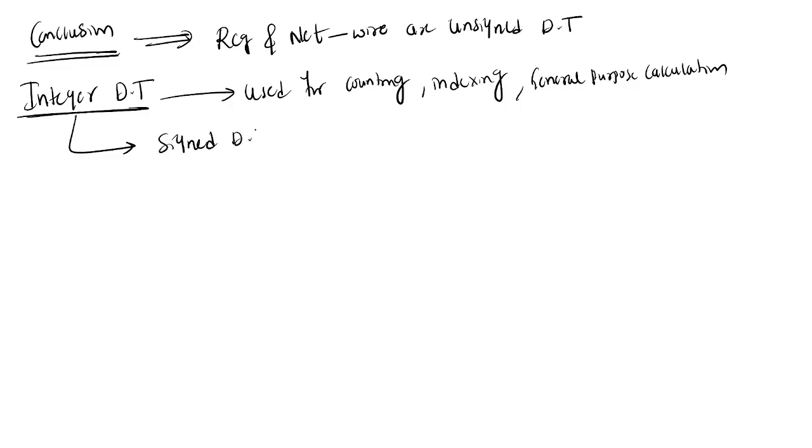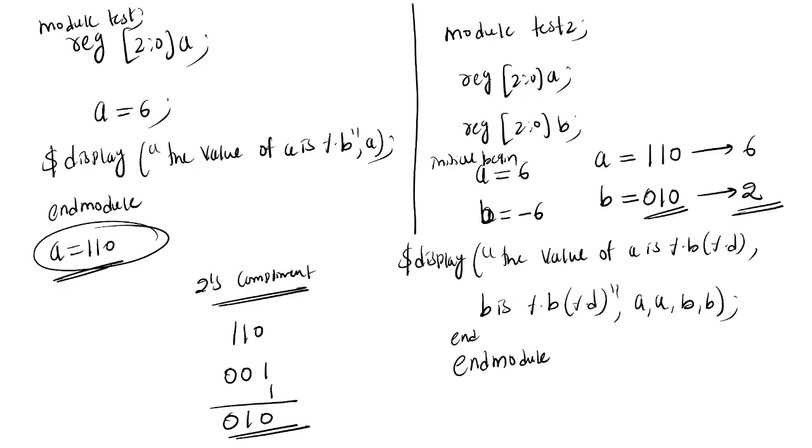In the previous code, when you declare both b as integer and a as integer, now it will display in terms of decimal, meaning it will display -6. Why? Because integer is a signed data type.